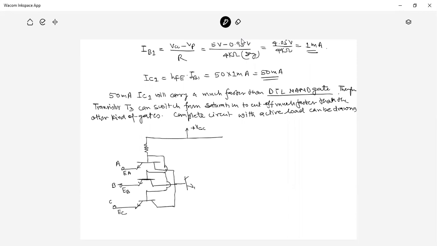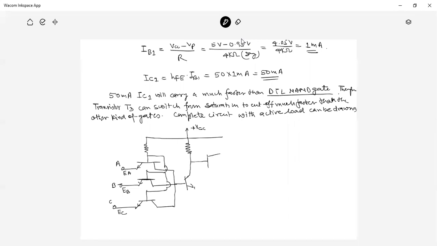These are the 3 transistors, and we have connected this point to here with another transistor.